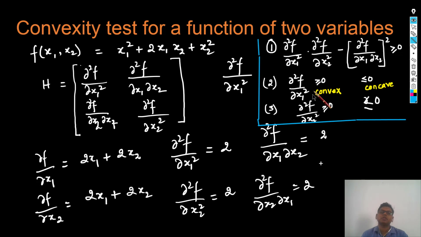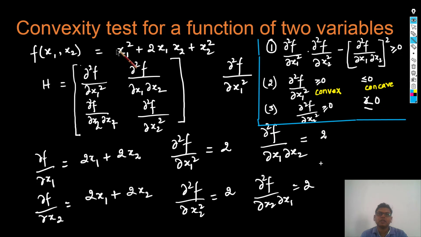If these three terms are all greater than or equal to 0, then it will be known as a convex function. If the first term is greater than 0, and the rest two terms are less than 0, then it will be known as a concave function.